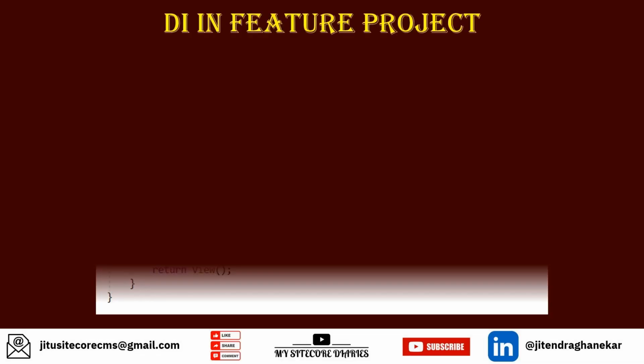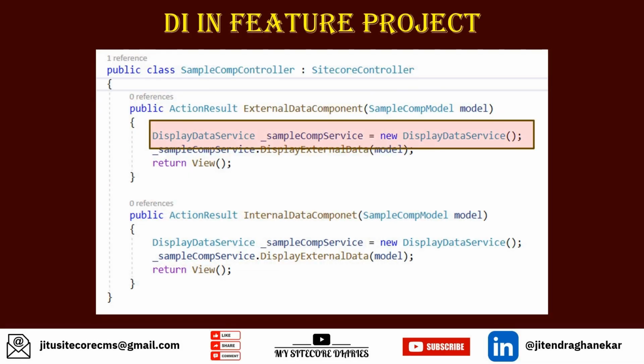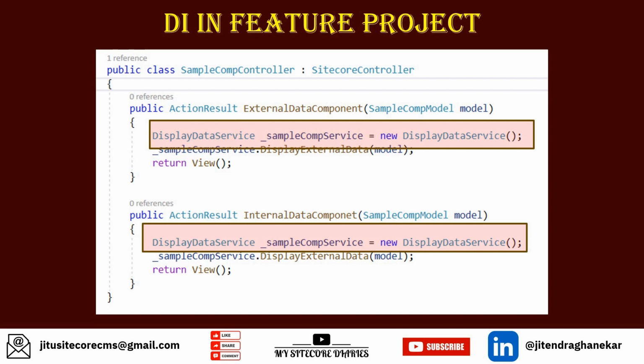Now if you go to your controller, you will have two methods, or two different components here. One is displaying your external data component. If we are doing it without DI, then you are directly creating the object of the sample service and utilizing it for both external data and internal data.